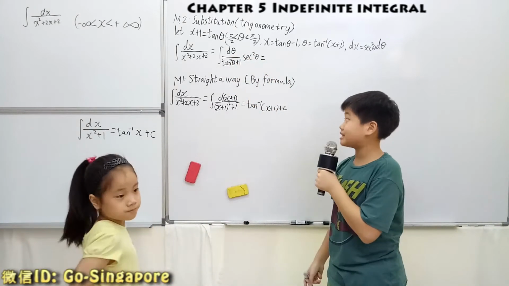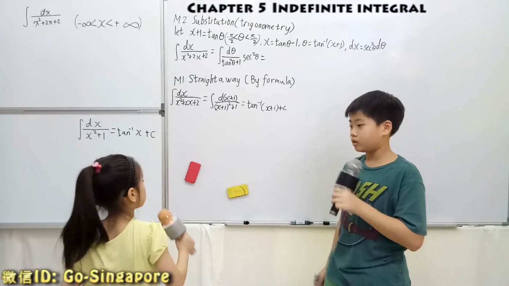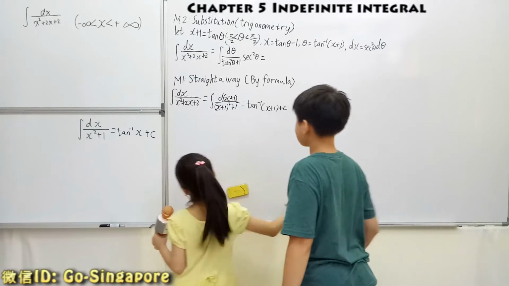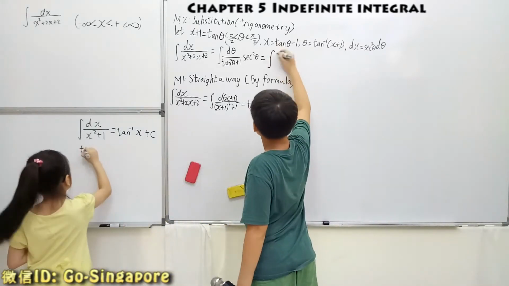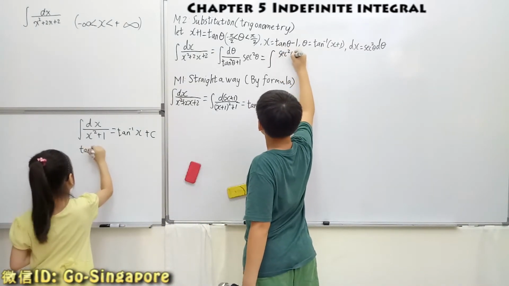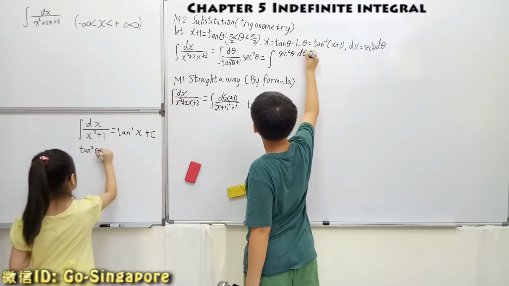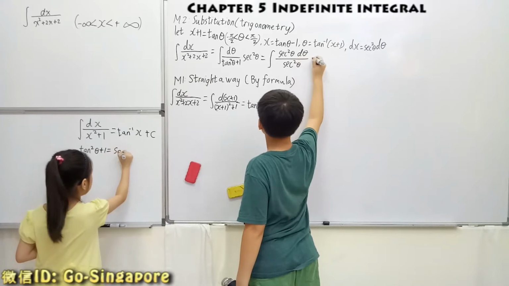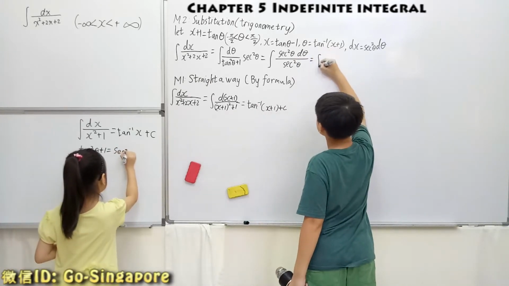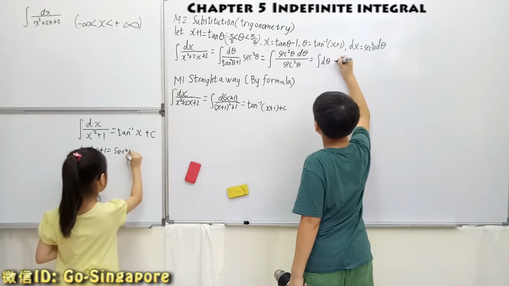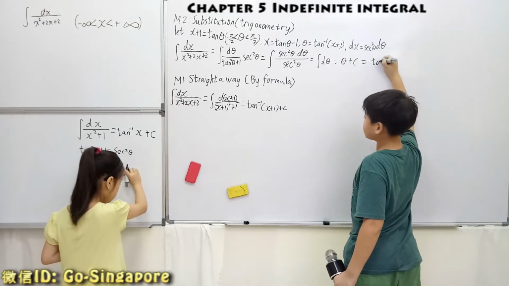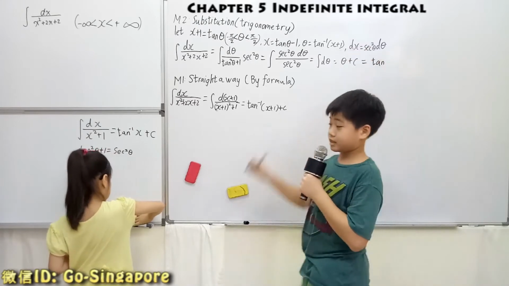So what is tangent square theta plus 1? Right here. Tangent. Sure, it's a secant square?